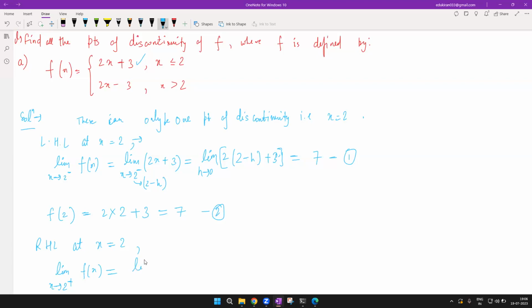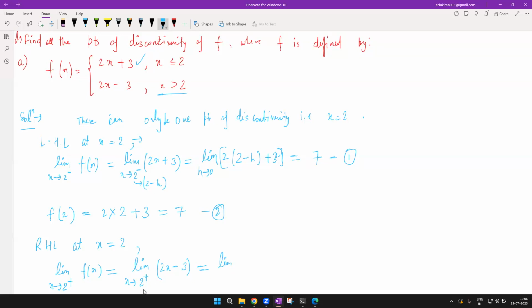Now, can you tell me what will be the expression this time? 2x minus 3, right? Yes, sir. Because the value of the function is 2x minus 3 when x is greater than or equal to 2, and 2 positive is definitely greater than 2, right? So for 2 positive, you have to use the expression 2x minus 3.